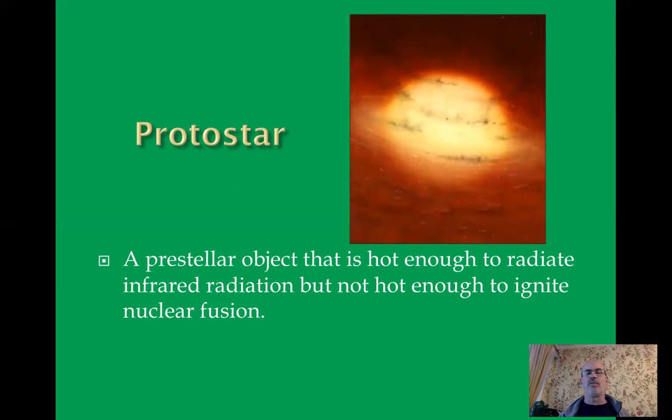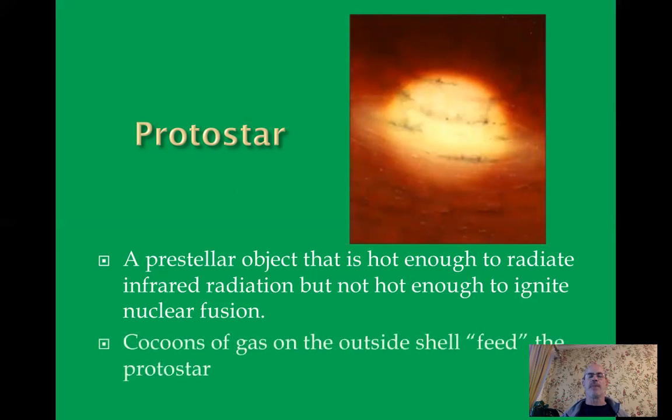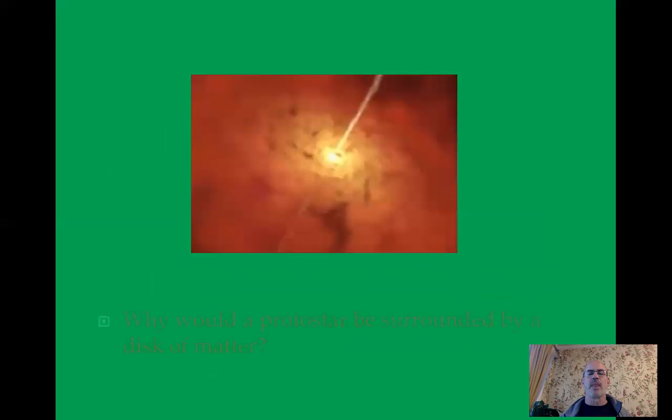Even an electric stove or a toaster glows, even though it's not nearly hot enough to ignite nuclear fusion. And then there's this big cloud of gas that's usually spinning. We'll talk about that in a minute. As things fall in, you have gas on the outside that's feeding this protostar. As more and more stuff falls in, it's feeding this protostar.